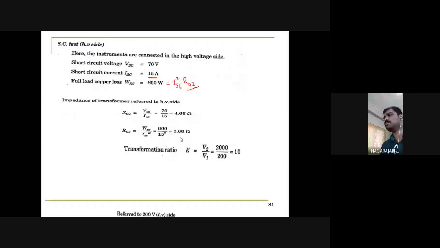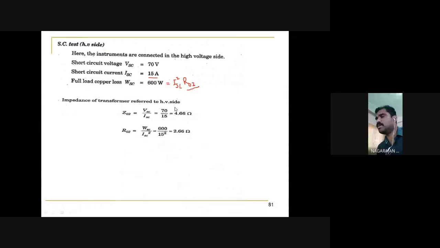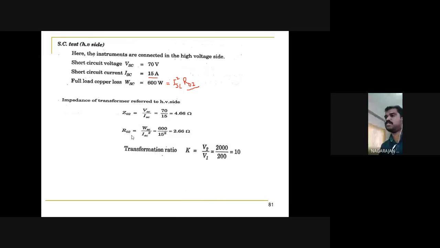With the help of this, we can find out R naught 1 and X naught 1, because this test has been done on the high voltage side of the transformer. We are going to draw the equivalent circuit referred to primary. What we have got is the secondary side impedance and secondary side resistance, so I need to transfer these to the primary side. For that I need the transformation ratio.